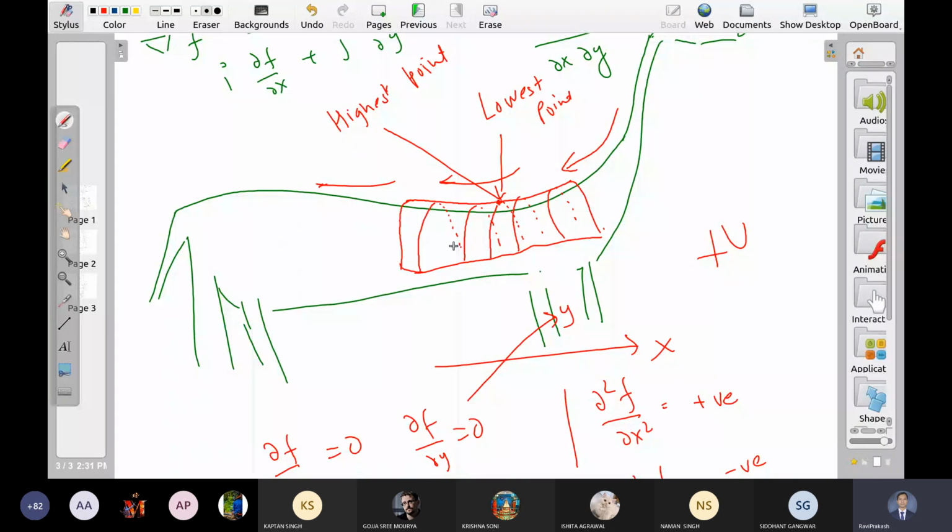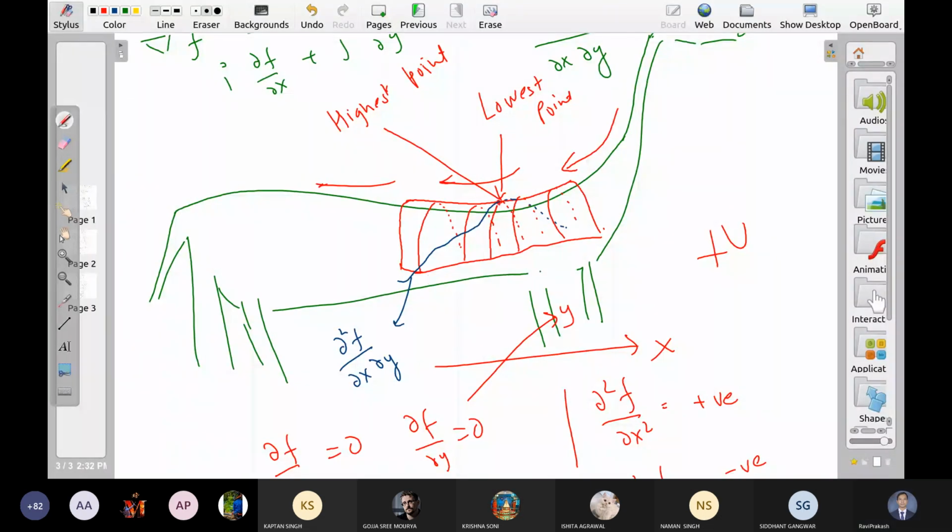Let us say you are going along this line and go in this direction. The behavior in this direction is given by these cross terms. So the sign of all these terms matters when you calculate the nature of this point.